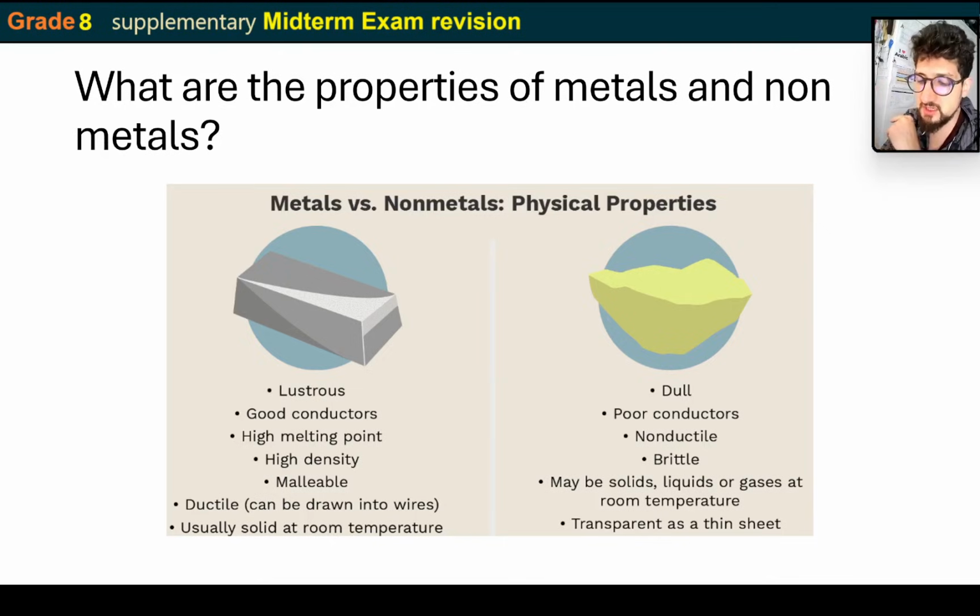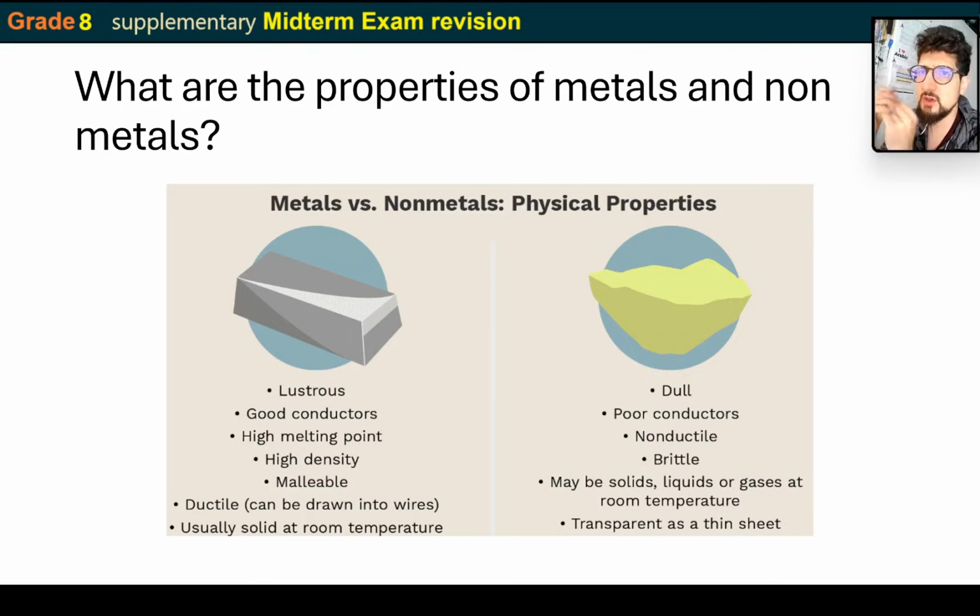Generally speaking, metals are lustrous. Generally speaking, metals are good conductors of heat and electricity. Generally speaking, metals have high melting points. What that means is metals are solids at room temperature, with the exception of mercury, and gallium has a low melting point. But for the most part, metals are solid at room temperature, whereas non-metals, which are on the right side of the periodic table, tend to be gases or liquids at room temperature.